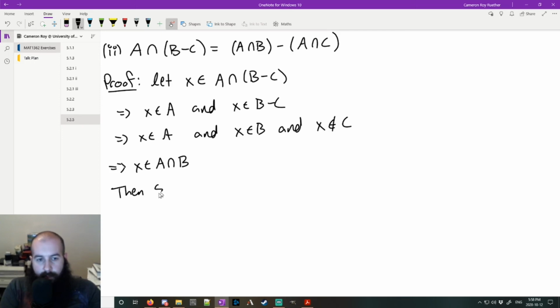Then, since X is not in C, and A intersect C is a subset of C, it must not be in A intersect C either.